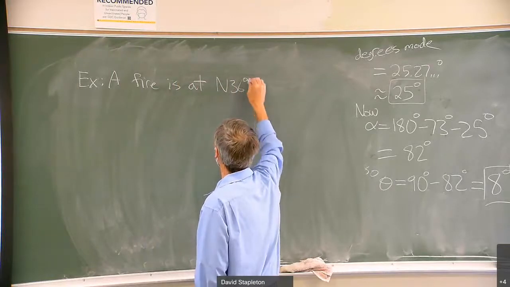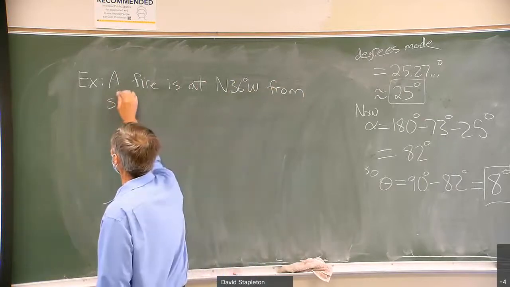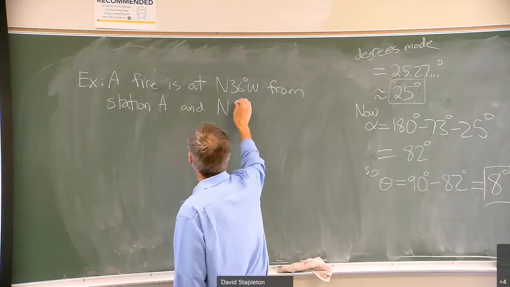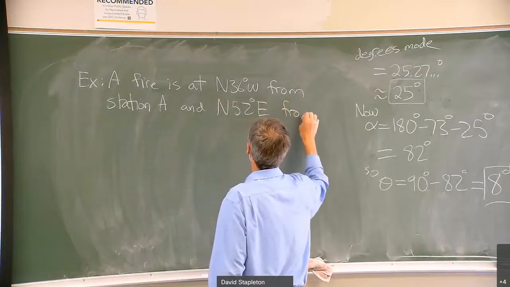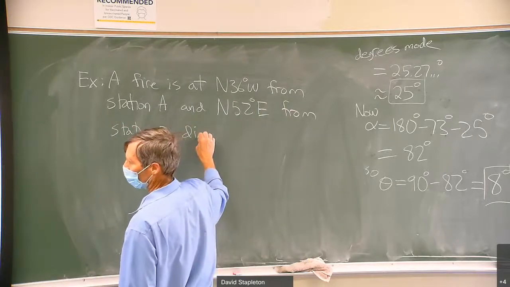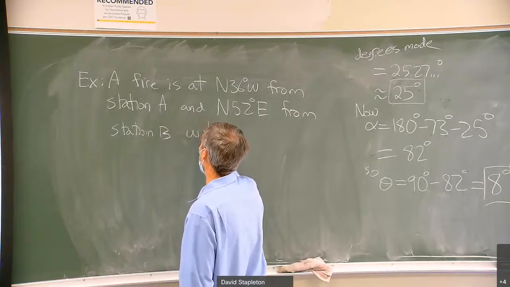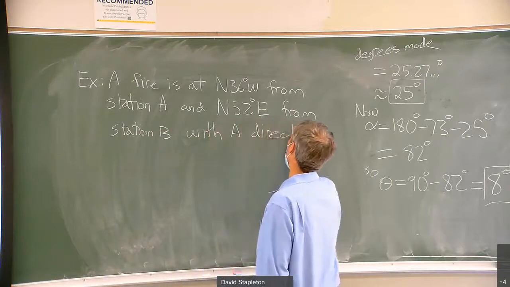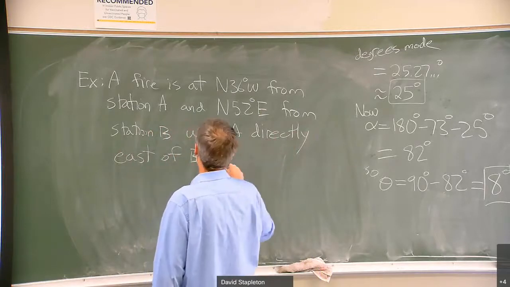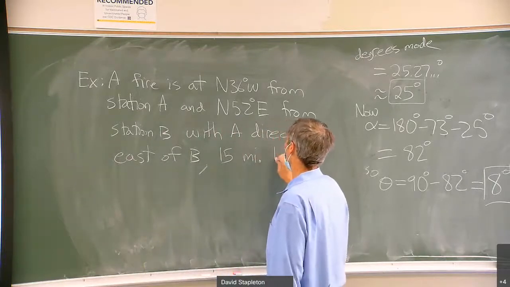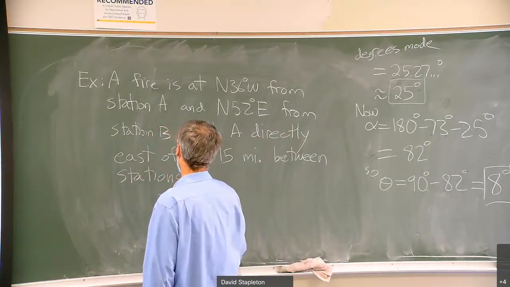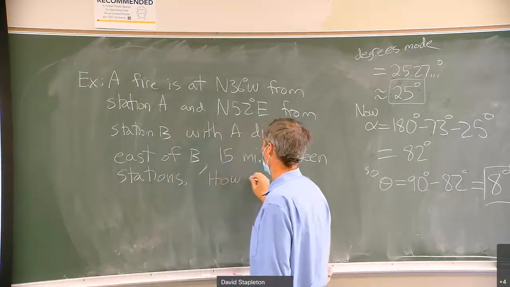North 36 degrees west from lookout station A, and also at north 52 degrees east from station B, which is directly east of A, directly west of A. But I guess they put it the other way, with A directly east of B, is I think what they said. 15 miles between stations. How far is the fire from station A?